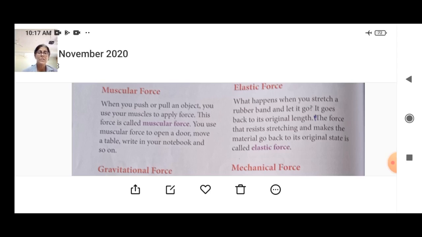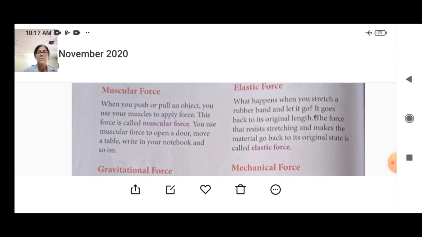The force which is applied or act is done with the help of your muscles, when we use the muscles to move anything, that is known as a muscular force. We use muscular force to open a door, move the table, or write the work in the book. This is the examples of a muscular force.